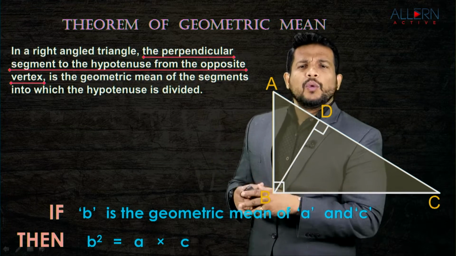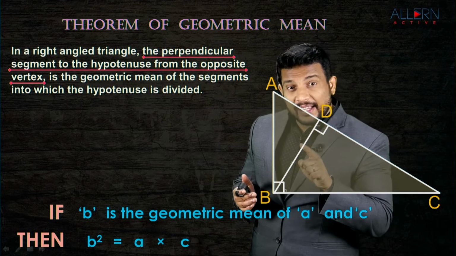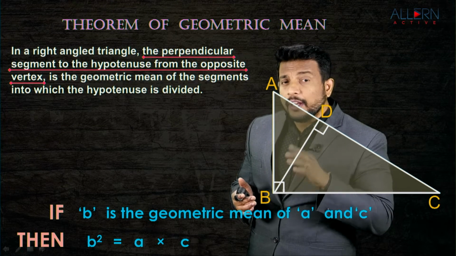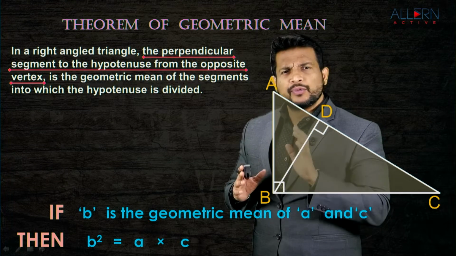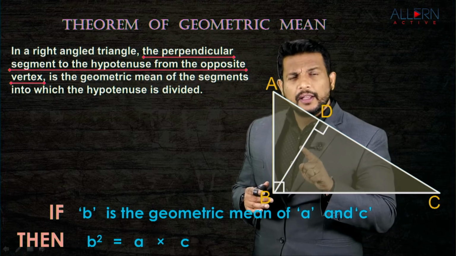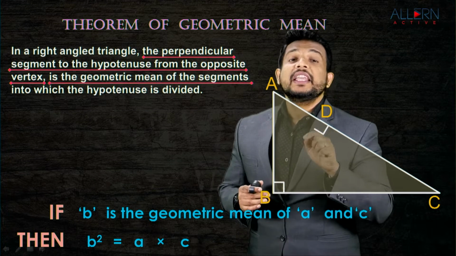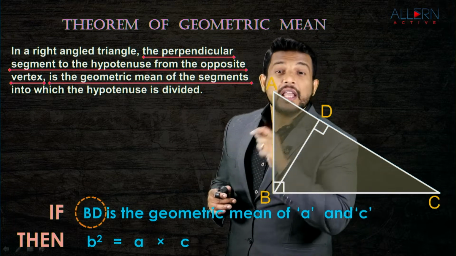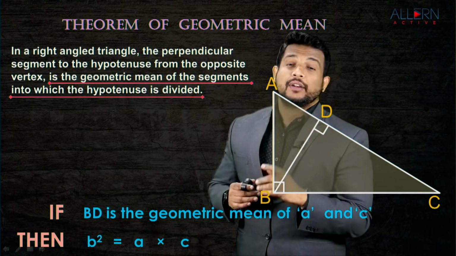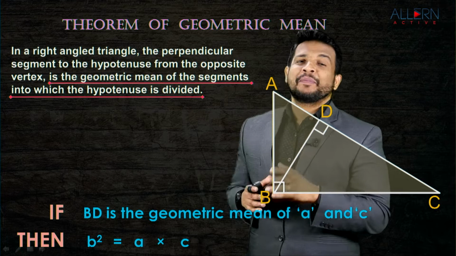It says that. What happens then? Observe the perpendicular segment to the hypotenuse from the opposite vertex. That means from B, we are talking about which segment? The perpendicular segment, that is BD. It says that this BD is the geometric mean of the segments into which the hypotenuse is divided.